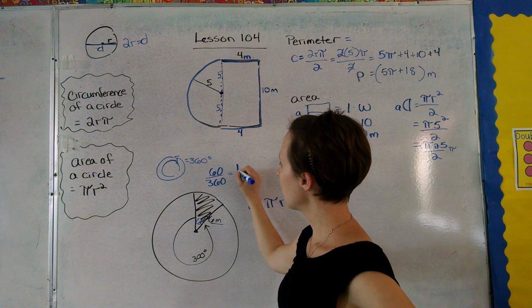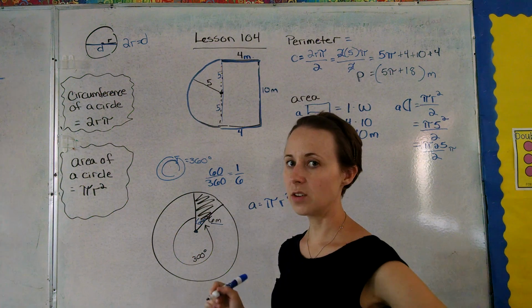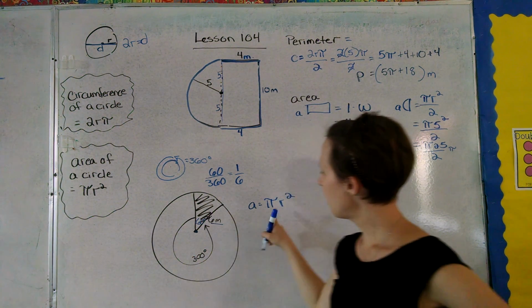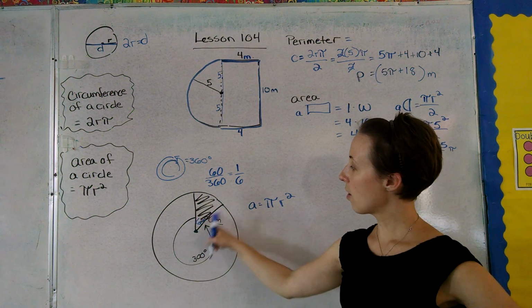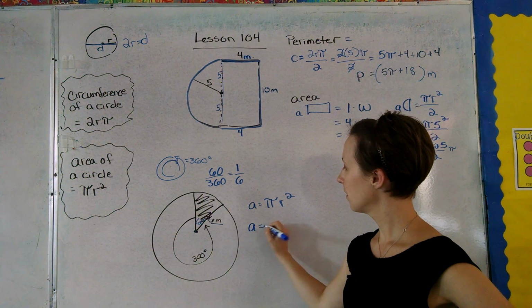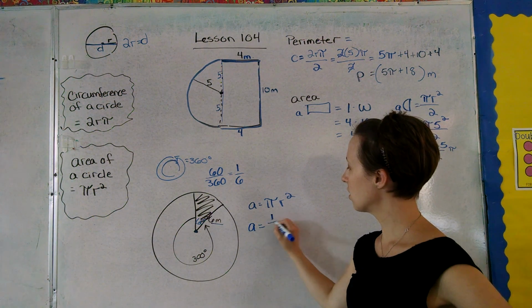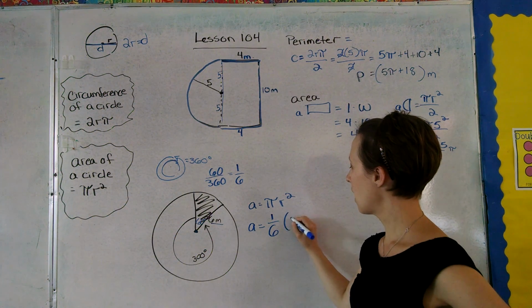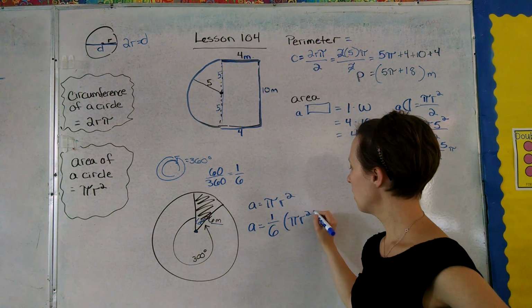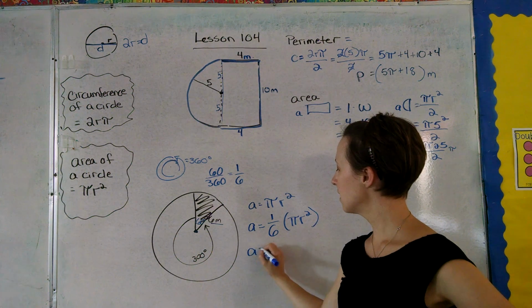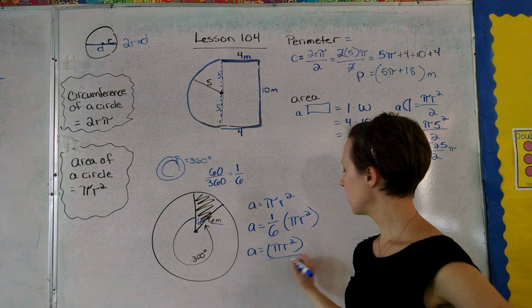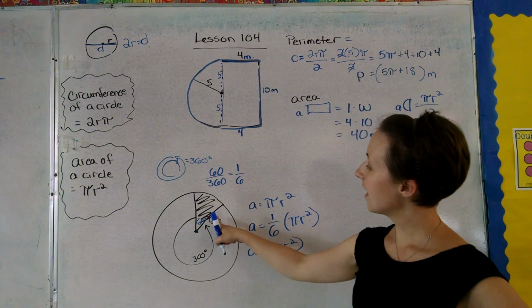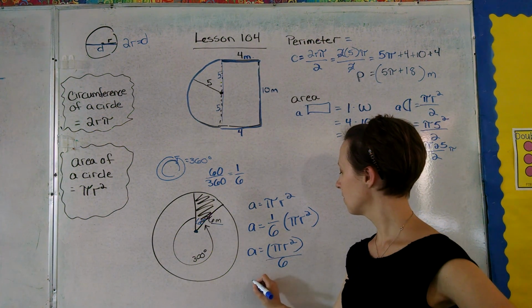When I reduce that, that's 1/6 of my circle. If I took 1/6 of my area, it would give me the area of this sector. So area for this particular sector is going to be 1/6 times pi r squared. Another way to think of that is to take your pi r squared and divide by 6. In this case, our r is 6 meters.